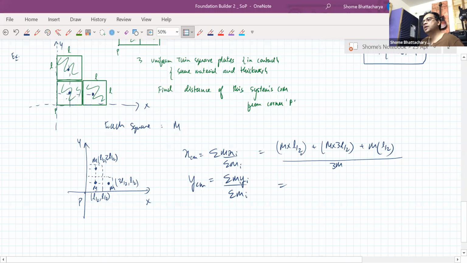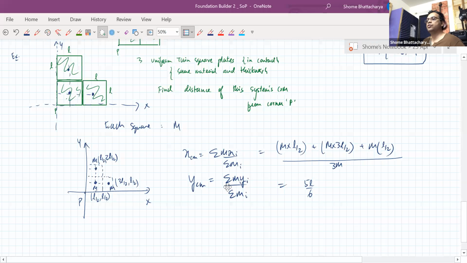So that will become L by 2 plus 3L by 2 plus L by 2, so that will become L plus 3L by 2, so that is 5L by 6, because there's 3 in the denominator. So that is the x coordinate of the center of mass.